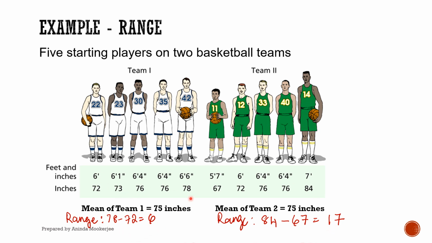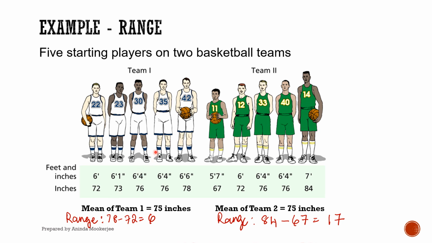Right? So even though the means are the same, the average heights are the same, you would think that everybody has the same height pretty much there. The heights between the two teams are the same. But when we calculate the range, we see that team 2 has a higher range, a higher difference between the tallest person and the shortest person than team 1.